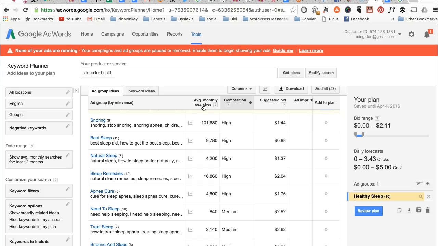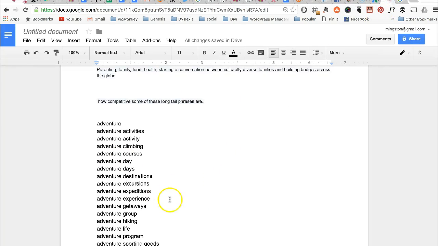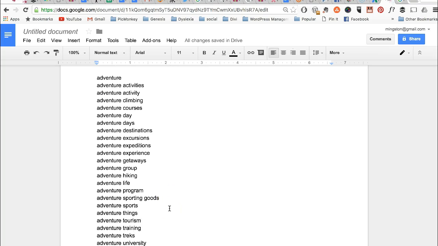Then take a document, copy those words into your document, look at the words and say to yourself, okay, these have a lower competition, so I'm going to try and take something from here, and then make that fit into my long tail keyword phrase.